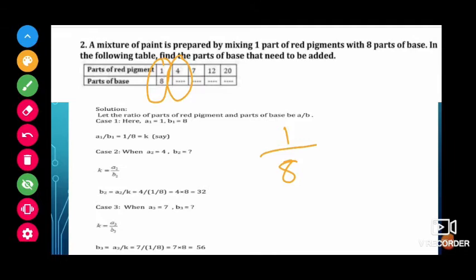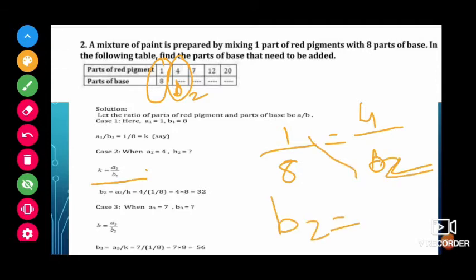So let's take the base in this case as B2. So 1 by 8 is equal to A2 by B2, that is 4 by B2. From here, by cross multiplication, B2 into 1 equals 8 into 4. 4 8s are 32. That is the answer.